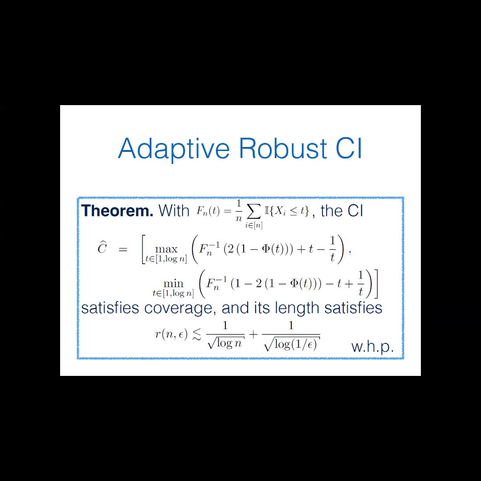So now, even if you do not know epsilon, maybe 10%, maybe 0, maybe 30%, it doesn't matter, right? So you can always use this formula. It's the same formula, but the property is if the data is actually clean, say it has a smaller epsilon, then the length of the interval is automatically going to be smaller. That's the meaning of adaptation.